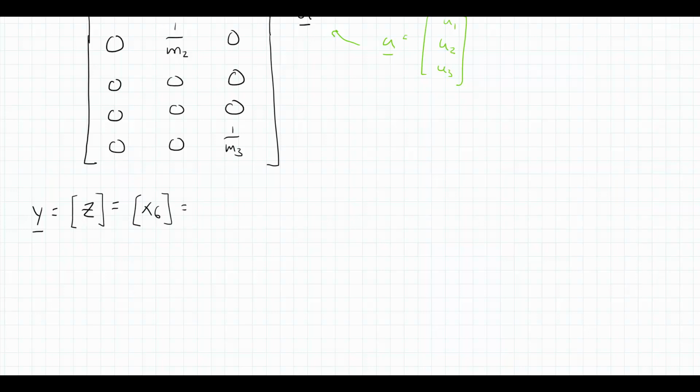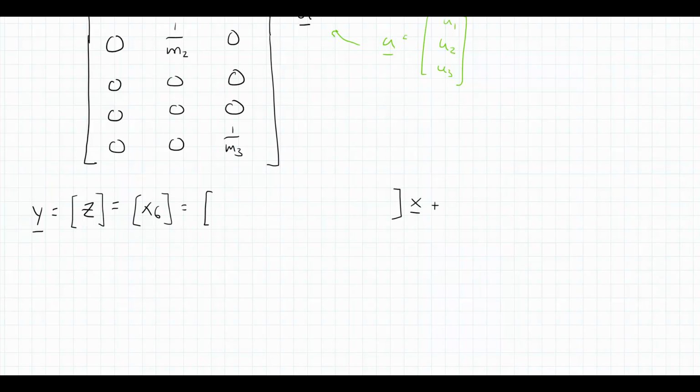Okay, so our observation equation is in the form of Cx plus Du. The C is going to have as many rows as we have observables, or outputs, which in this case is 1, z. It has as many columns as we have state variables, which will be 7.